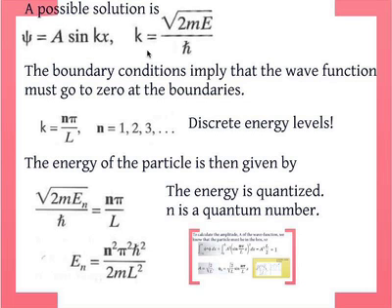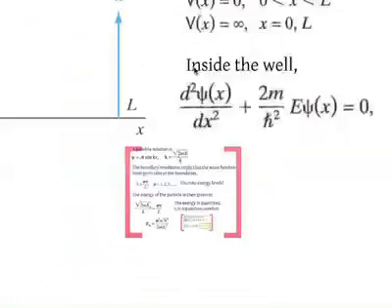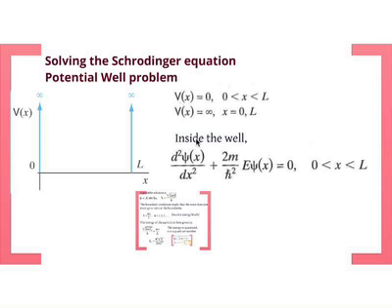We can plug it into the equation, and you can get k as square root of 2mE over h bar. If you put the sine kx in here and solve this, you can solve for k, because the second derivative of the sine is a sine, right? d by dx of sine is cos, and then d by dx of cos is minus sine.